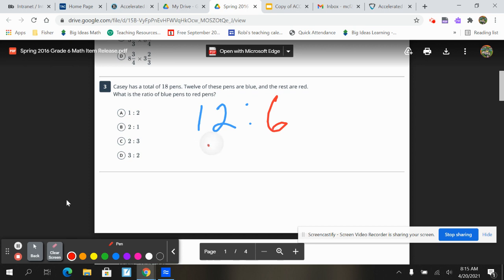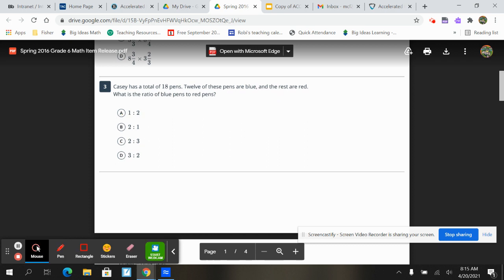You got to simplify them just like fractions. That would be 2 over 1 or 2:1. Sometimes when you figure them out, they don't always have the answer over there. You might have to put it in lowest terms or simplest form, whichever term they use. All right, next one.